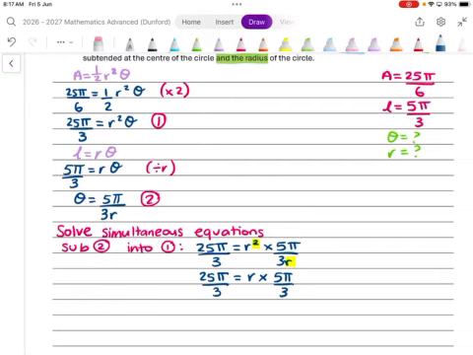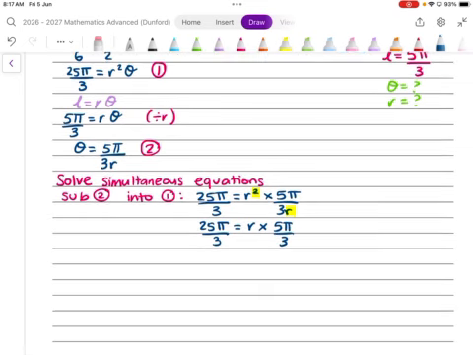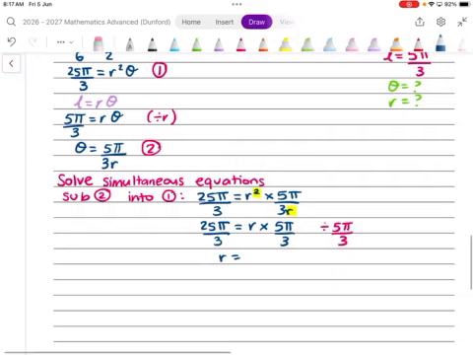Now, what we're trying to do here is find out what r is. So in order to find r, we're going to get rid of that times by 5 pi on 3. So to get rid of that, we divide by 5 pi on 3. Now, all of your calculators should be able to handle this, but when we do this, we get r equals 25 pi on 3 divided by 5 pi on 3. We get that r equals 5.